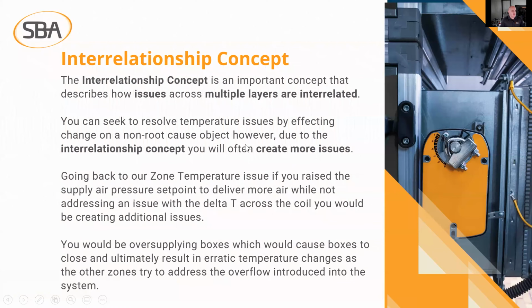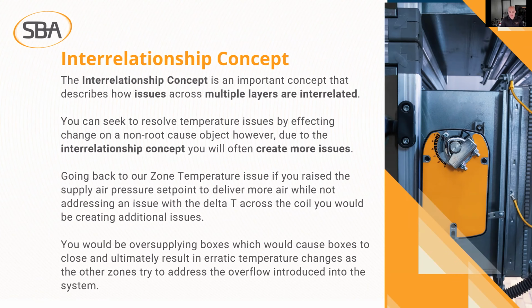Now, the interrelationship concept is very similar, and it describes how issues across multiple layers are interrelated. So, for example, you can resolve a temperature by affecting a change on a new non-root cause issue. What would this look like, right?